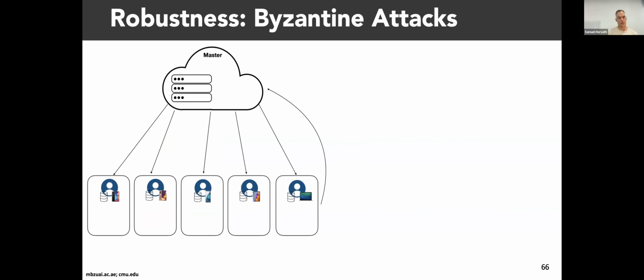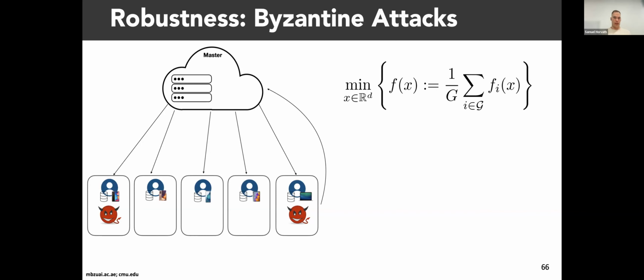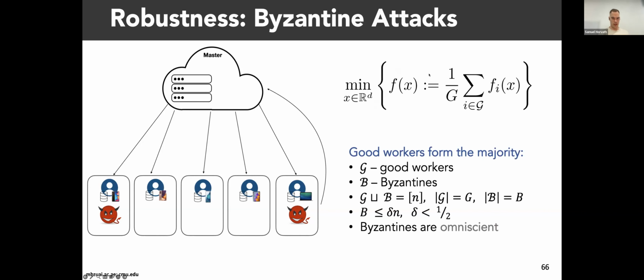All right, so when it comes to privacy, robustness is also quite important. What we might have, as I discussed before, are Byzantine attacks, where now what we want to optimize is not the objective that includes Byzantines, but only the objective with respect to good workers, which we denote by G. We have to have that the ratio of bad workers is at most 1/2, because if this is not the case, they can define their own problem, and we have no way to distinguish which ones are good and which are not.